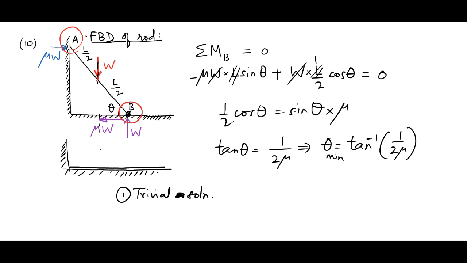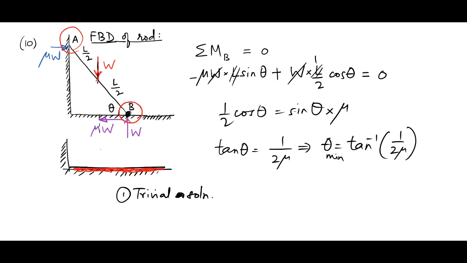There are only 2 points of contact between the rod and the floor and the wall. So that's our assumption, and under that assumption, of course, this particular trivial solution cannot be accepted simply because there are so many points of contact between the rod and the floor.